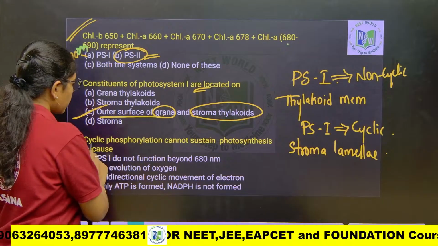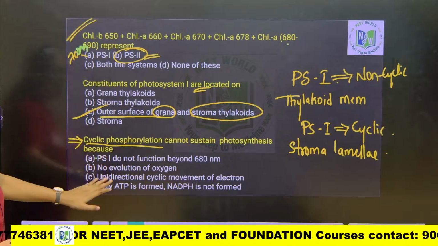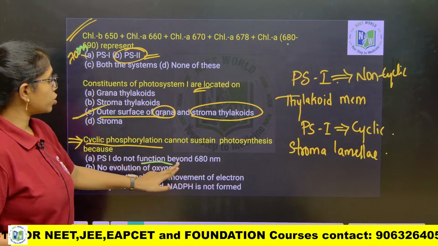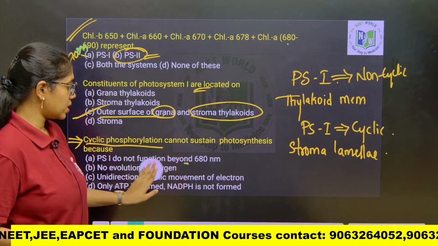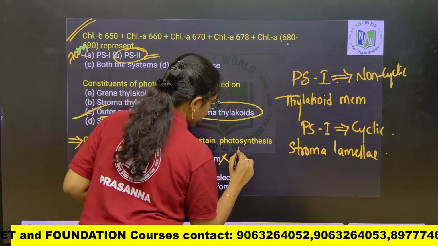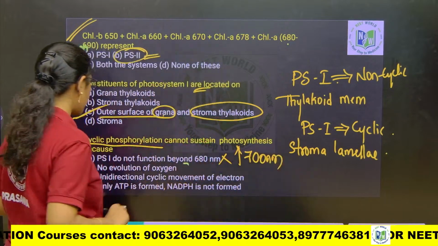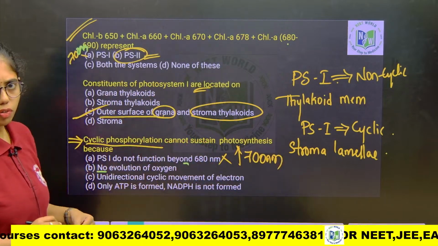Cyclic photophosphorylation cannot sustain photosynthesis because PS1 does not function beyond 680. Wrong. PS1 is functioning beyond 680, that is around 700 nanometers. So, this statement goes wrong. No evolution of oxygen.